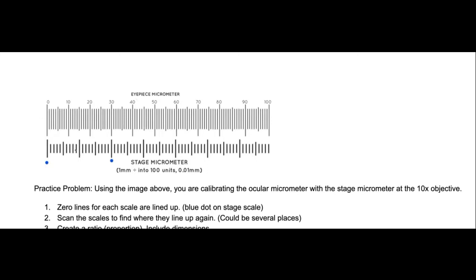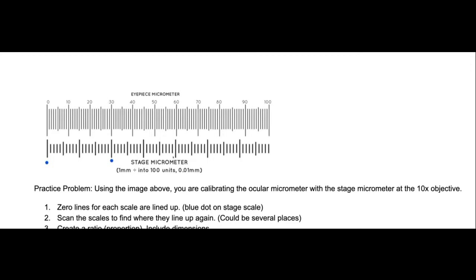So here, the first time one of these major tick marks line up is actually at 30 ocular units. So we know that if we count all the way across, 20 of our tick marks on our ruler match up with 30 ocular units.